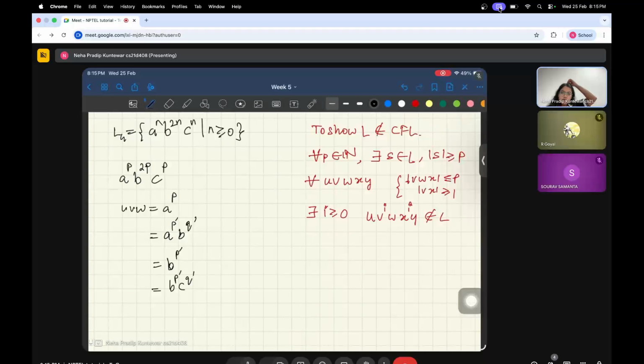That's all. So then this entire logic would be the same.